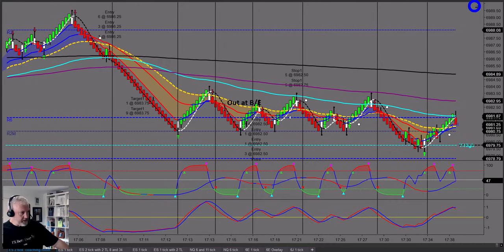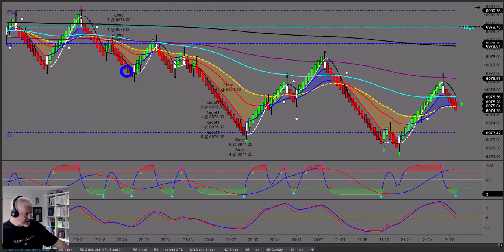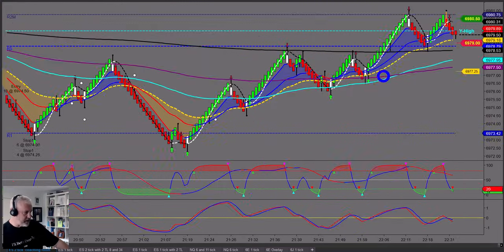Later on I dropped down and traded the 1 tick because the market had slowed down. Now I want you to note the turning point there, the arrow, arrow, arrow. What that means is, excuse me, I'm in on the close of the next candle.